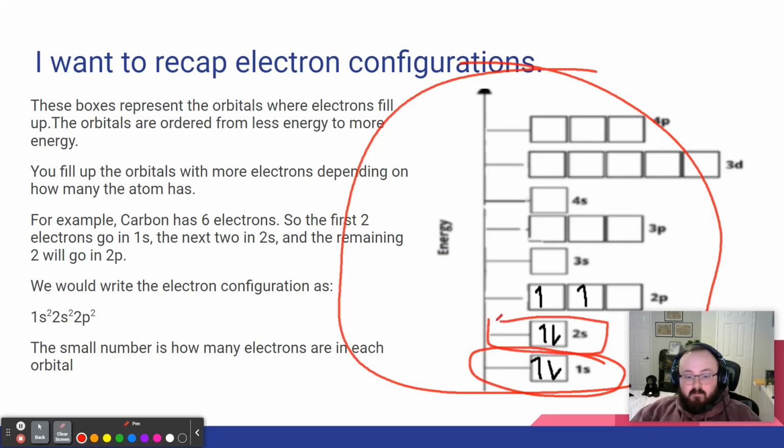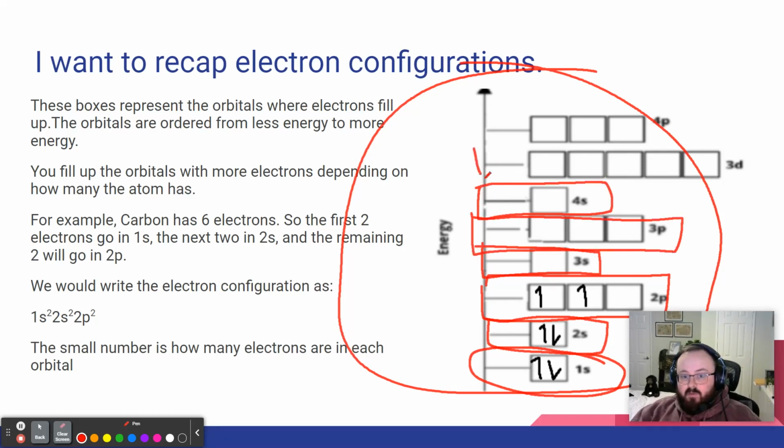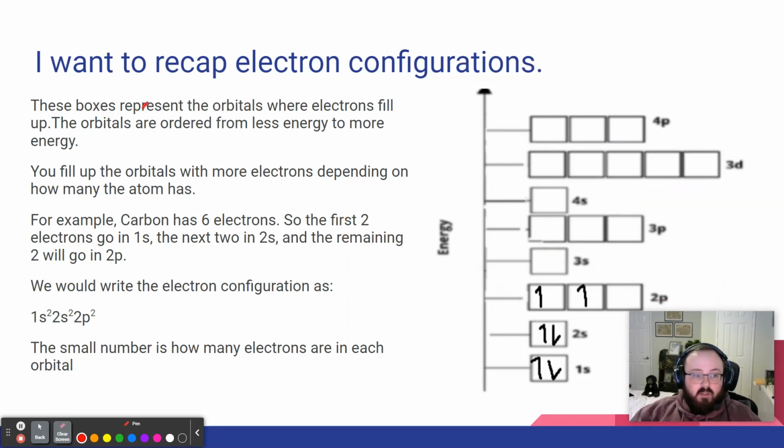As you go up, you are increasing the amount of energy required to put an electron in this orbital. So the 4s has a greater energy than the 3p. The 3d orbital has a greater amount of energy than the 4s. And we fill these up with electrons depending on how many electrons are in the atom.